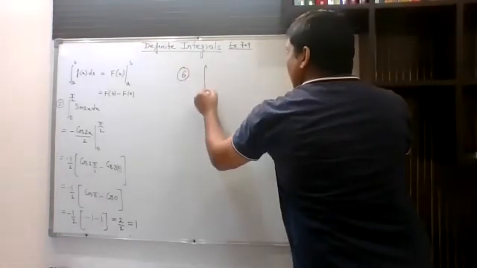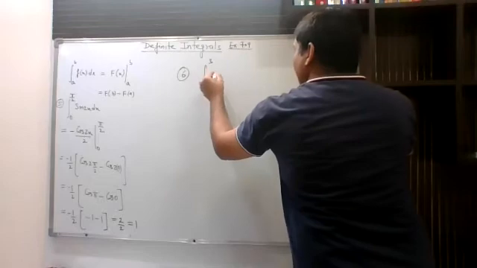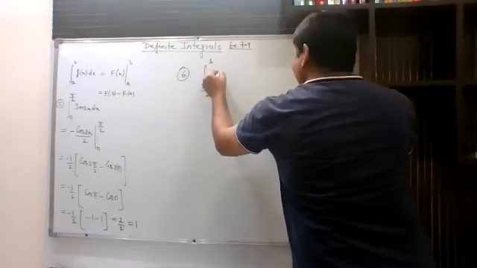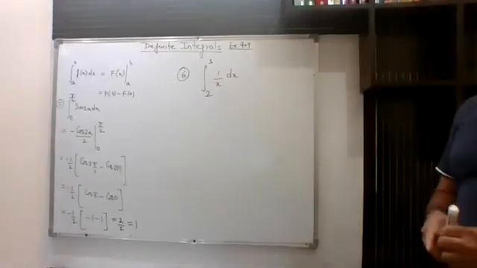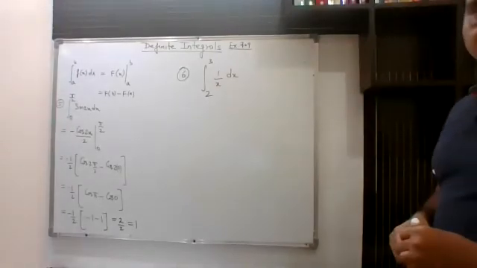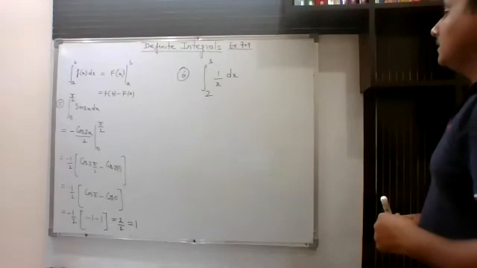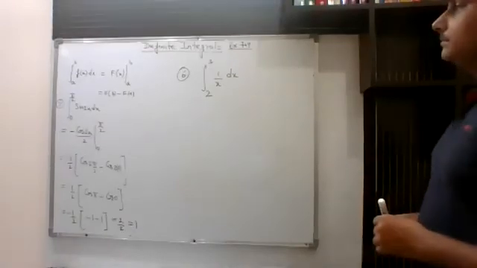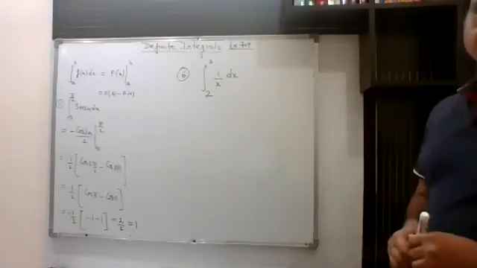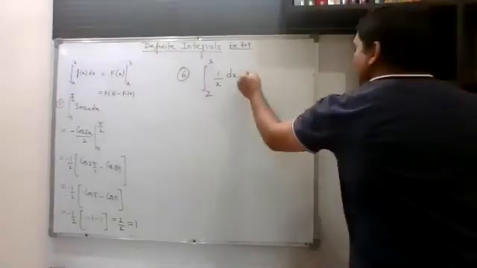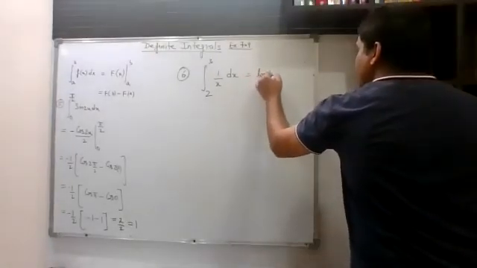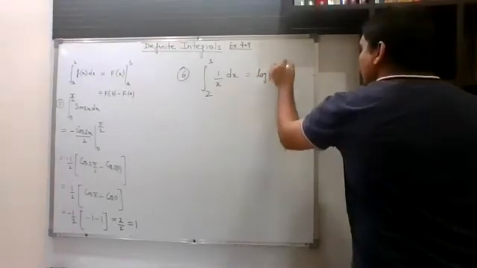Suppose you want to integrate 2 to 3, 1 upon x dx. So again, it's a straightforward question. 2 to 3 dx upon x. So you know that dx upon x is the integration for log x. This can be written as log mod x. Limits are running from 2 to 3.